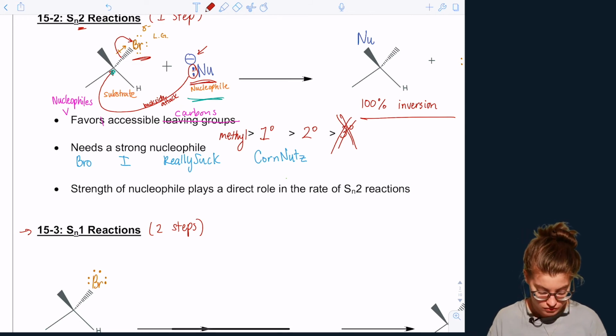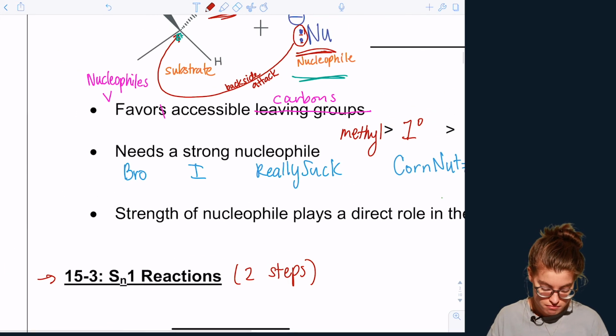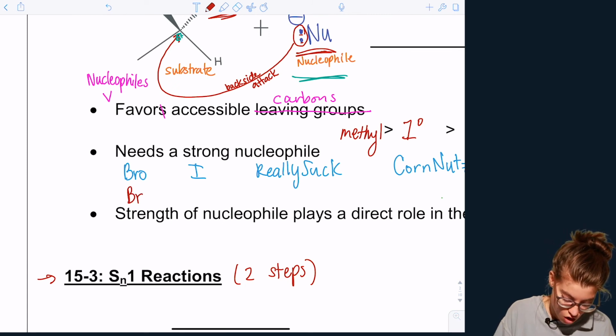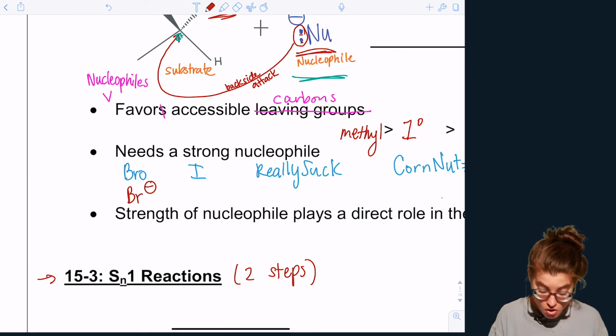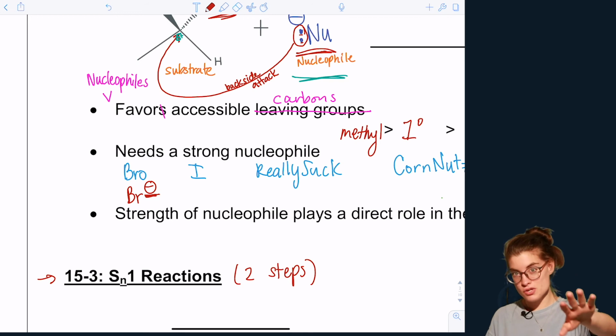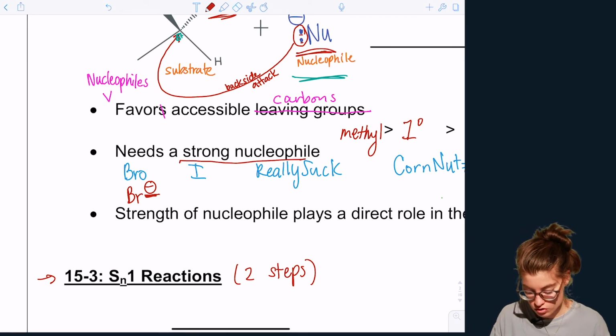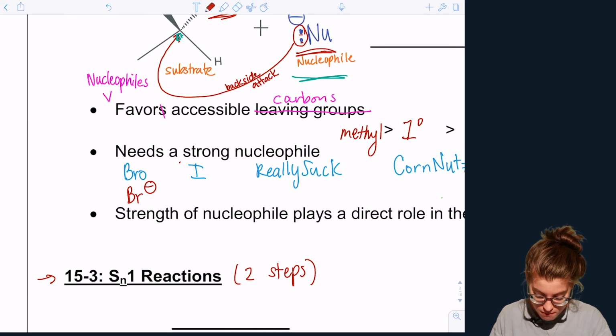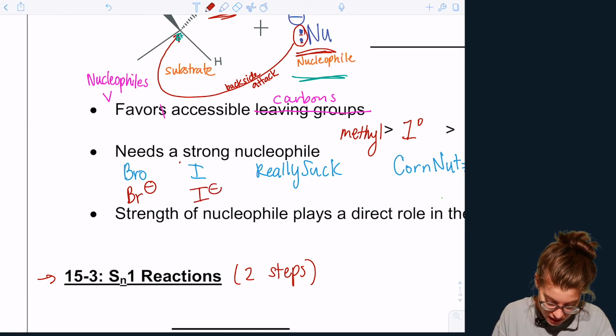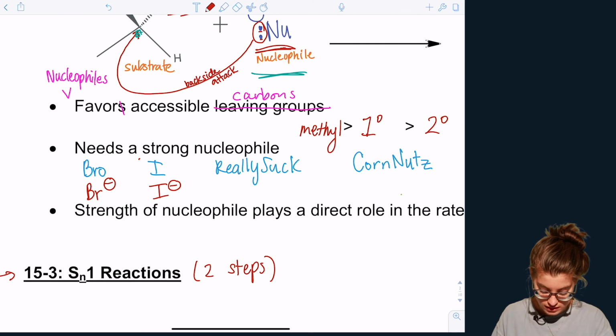What does this mean? All right, well, bro stands for BR minus. Notice it's negative, but of course we knew that, right? Because they're strong nucleophiles, so they have to be negative, all right? So BR minus, I minus, that's what the I stands for.